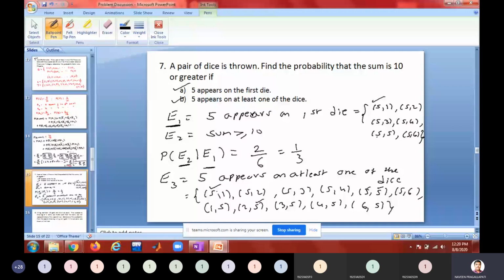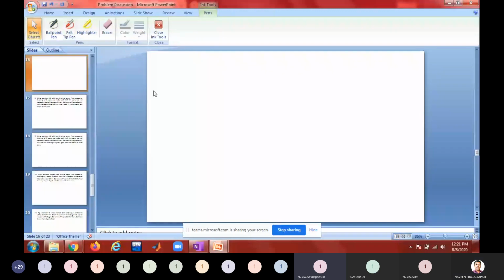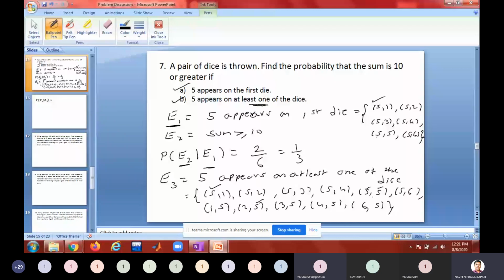And what is the question now? Probability of E2 given E3. That is the probability that the sum is 10 or more given that 5 is appearing on at least one of the dice. So what are the favorable cases now? There are 3 favorable cases where the sum is 10 or more.